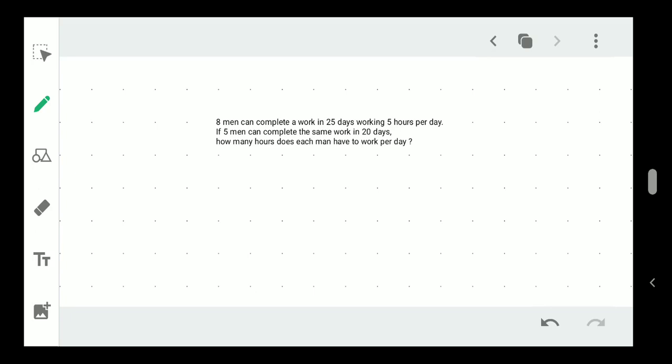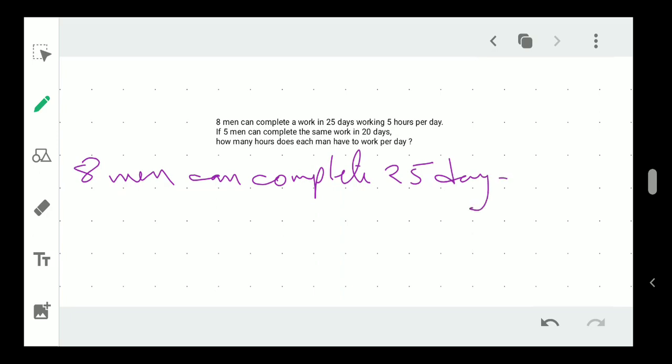So I have to write the total: 8 men can complete in 25 days, taking 5 hours per day. Now I have to find out, if 5 men can complete the same work in 20 days, how many hours are needed. So these hours I have to find out.